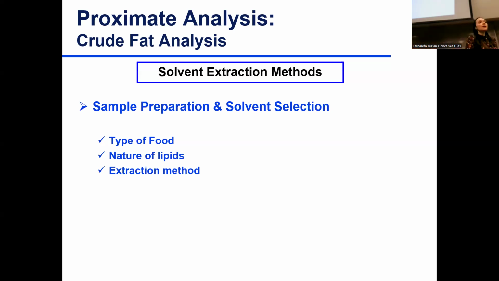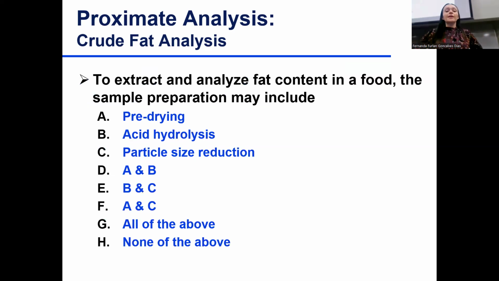The nature of lipids: are the lipids bound to something? Are the lipids easily extracted? Is a full fat matrix usually easy to extract? And what extraction methods are available to us? Do we have a continuous one? We don't. What can you do to actually extract all the lipids? So we need to think about all of those parameters to better select the method.